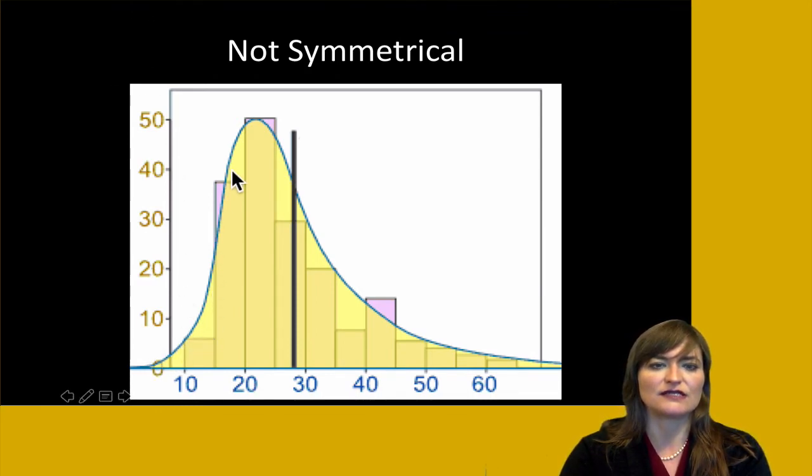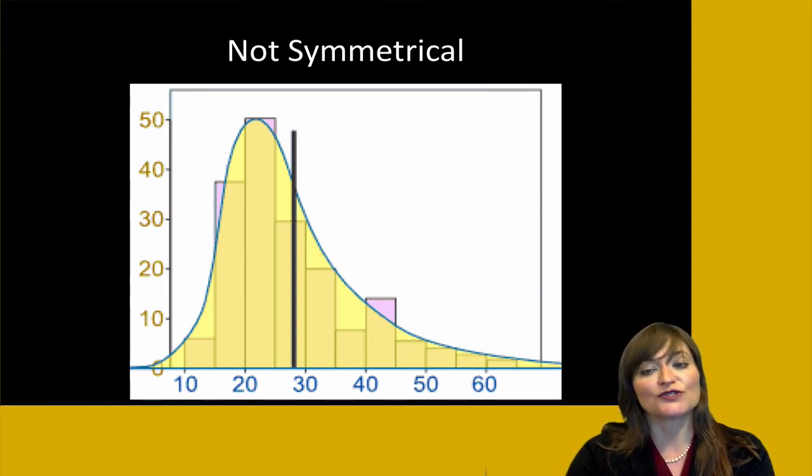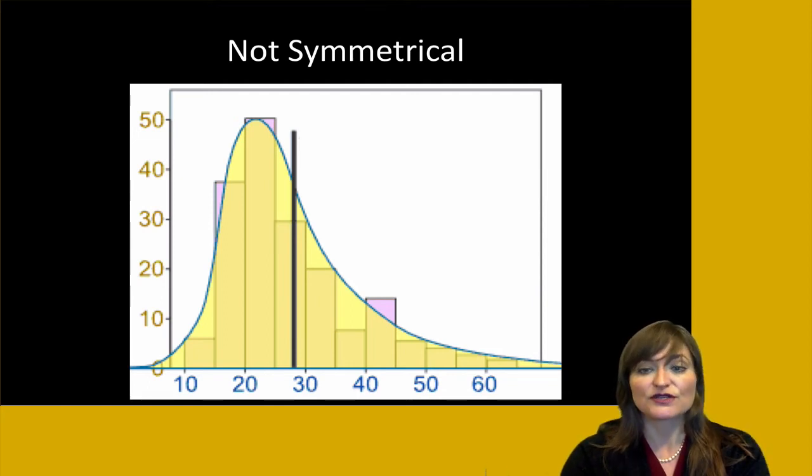If it was symmetrical, it would end right about here, and then the mean or the center would be right here with the mode. But what you've got instead is this asymmetry where you've got this tail coming out to the right, and that's going towards the maximum. It's going up the scale. We would call that a positive skew.